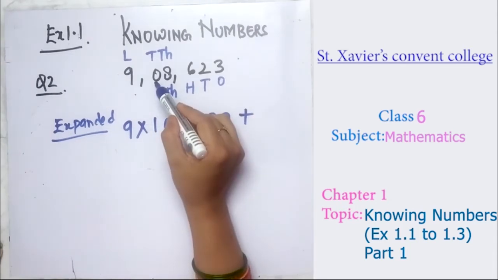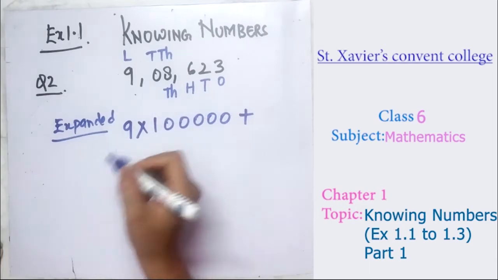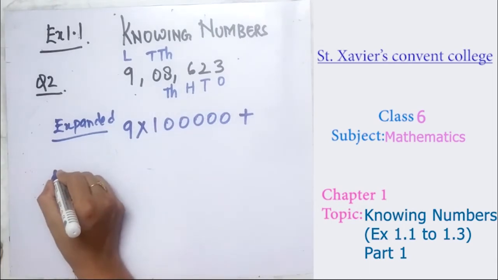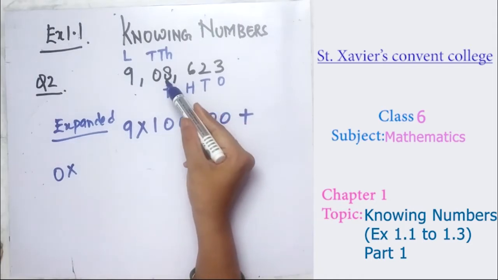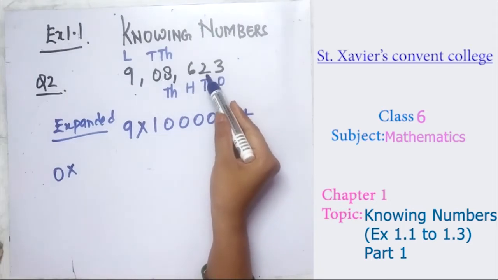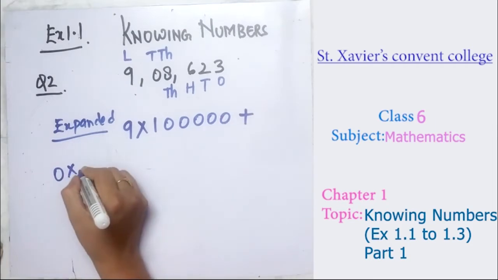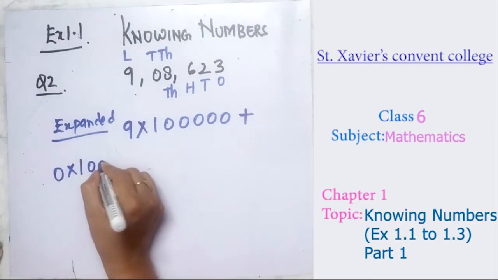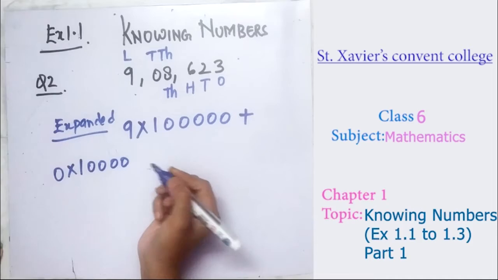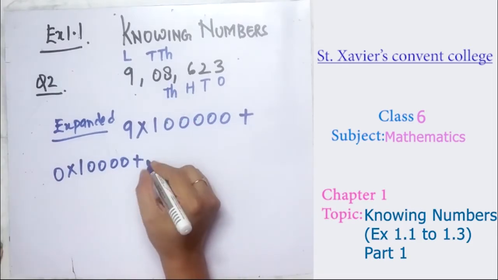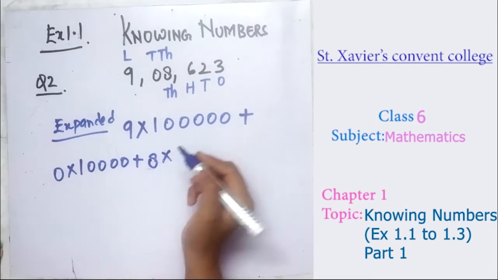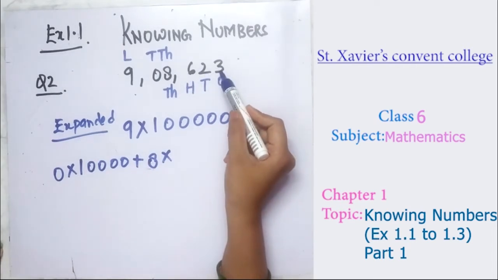Now the next number is 0, into how many positions after 0? 1, 2, 3, 4, so 4 zeros. Next, the value is 8 into how many zeros? 1, 2, 3.